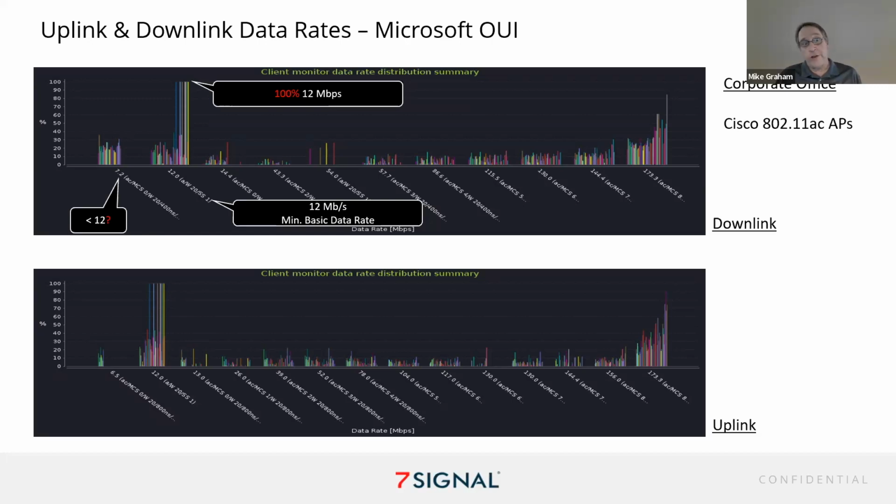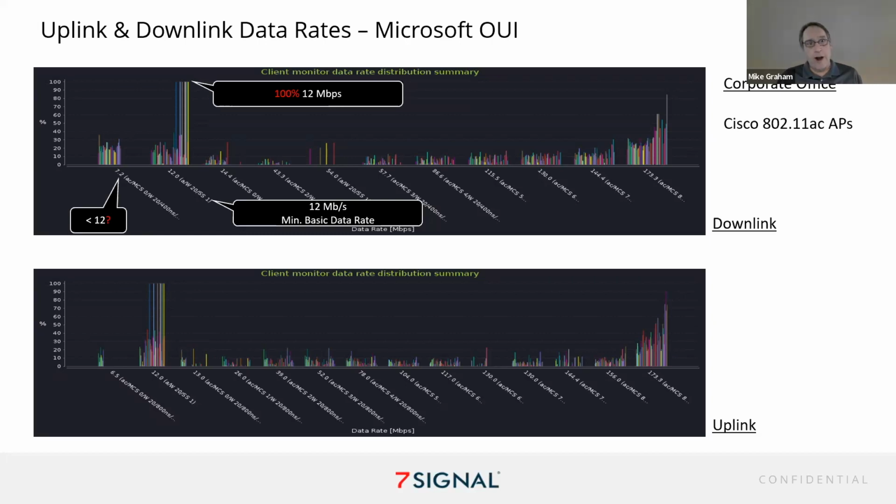You can turn those off in most access points. There's settings to go in and disable the lower MCS rates, and some people definitely do go in and turn off all of the rates that are BPSK and QPSK and just leave on the QAM data rates.